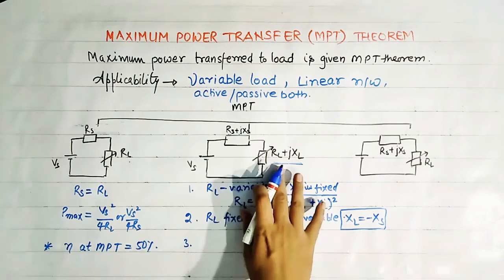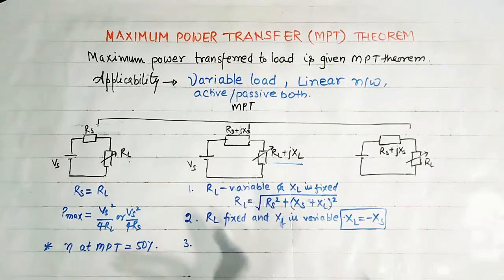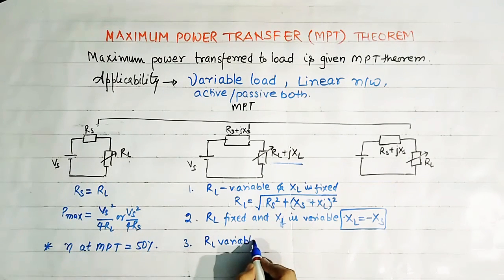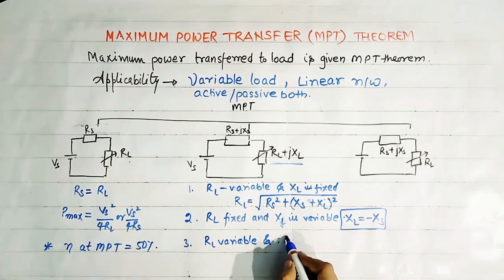Now take the third case. In the third case, both resistance and reactance can be variable. Suppose RL is variable and XL is also variable.